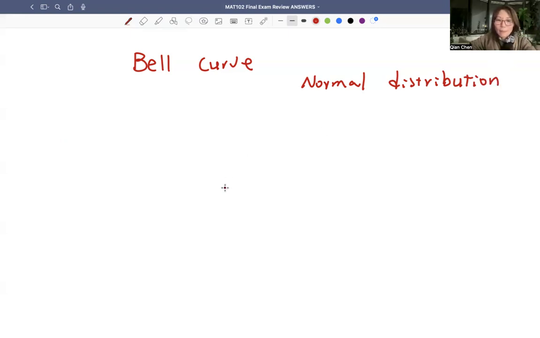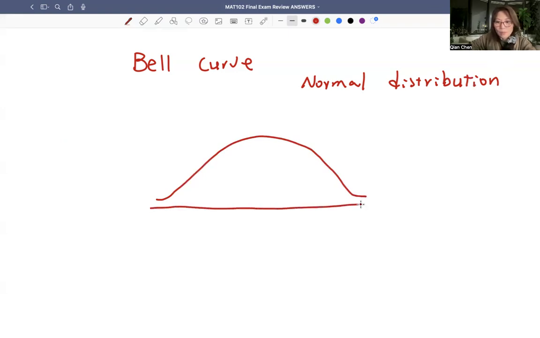It says if two conditions are met, all different probability distributions can be approximated with a normal distribution. That's why nowadays statistics has become so powerful, because of this central limit theorem.